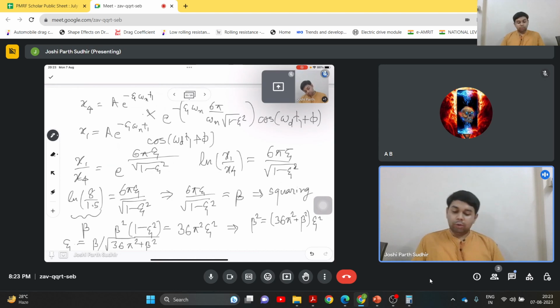We know the value of beta, so we can calculate that and substitute it in this equation. So we will get the value of zeta, which is the damping ratio. This is how we can use the concept of logarithmic decrement to calculate the damping ratio.